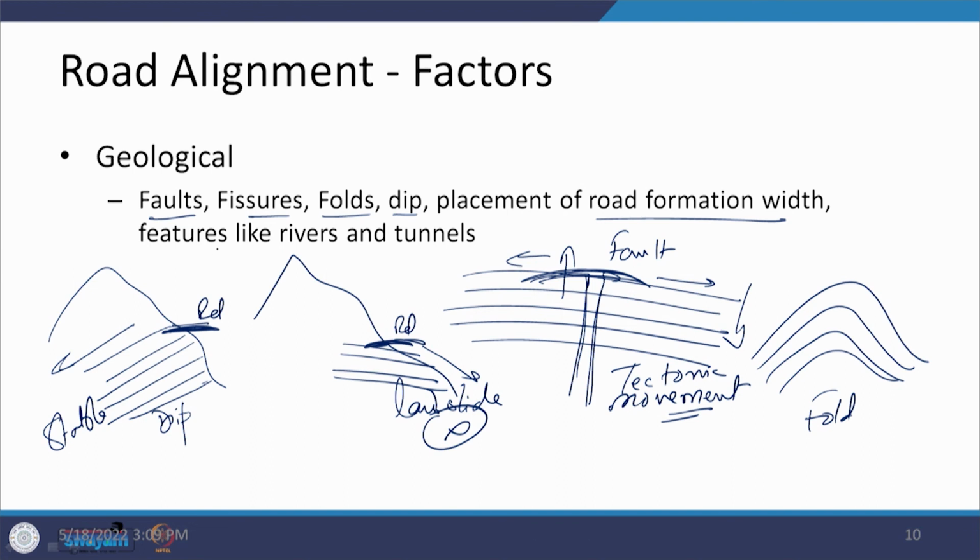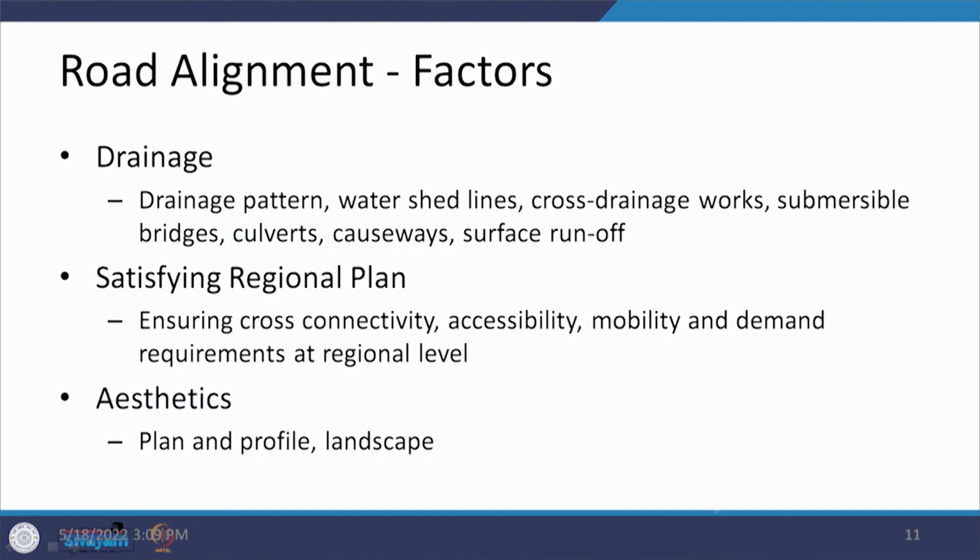And all of these things are apart from the rivers and tunnels which may be a requirement in a hilly area, depending on whether you have to cross a particular hill in a shorter period of time. So, when we are looking at all of these things, this may also result in a drainage condition, and these drainage conditions mean you have to look at the drainage pattern.